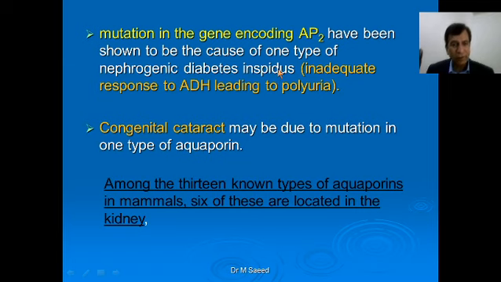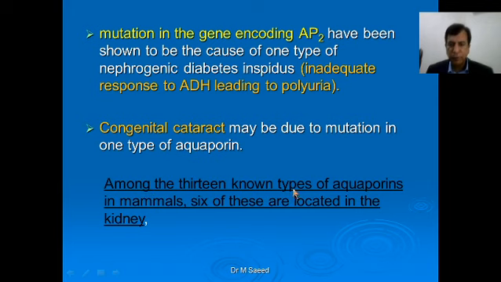When the cause is less release of antidiuretic hormone from the posterior pituitary, that will be simply diabetes insipidus. So nephrogenic diabetes insipidus is an example of mutation in the aquaporin in the kidney. Another example is congenital cataract, which may be due to mutation in one type of aquaporin.